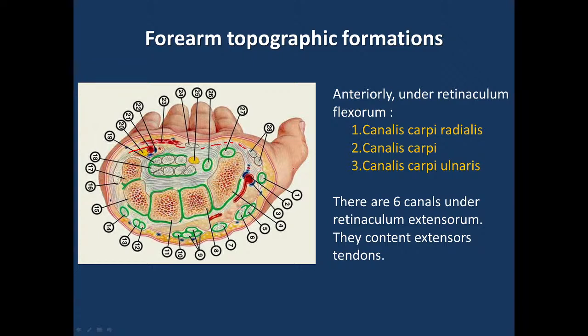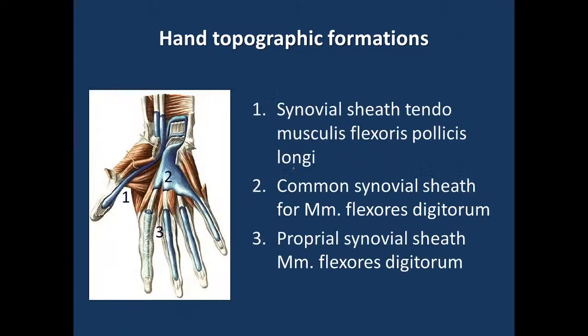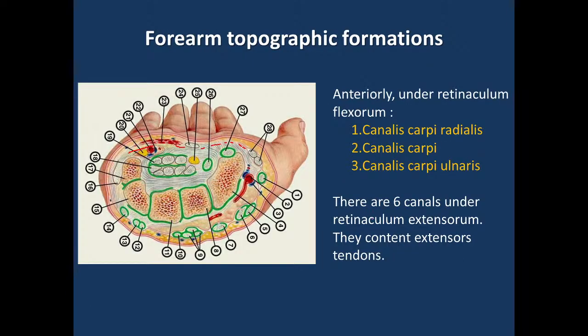And six canals are located under the retinaculum extensorum. This is another structure on the dorsal or posterior surface of the hand, and you see a lot of canals under this retinaculum extensorum.